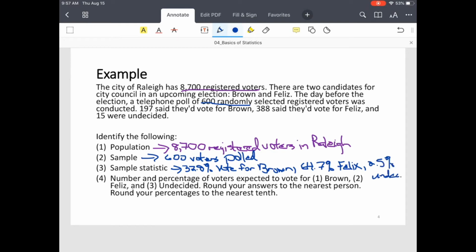All right, and I'm going to write up at the top of the slide how I did that. 197 out of 600, that was Brown. 388 out of 600, it's Feliz.